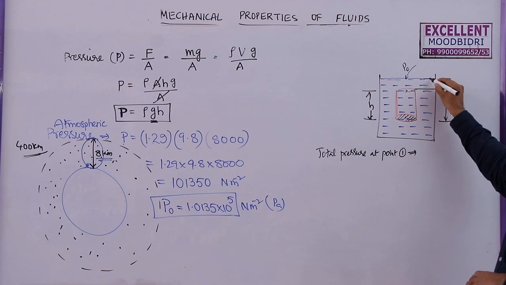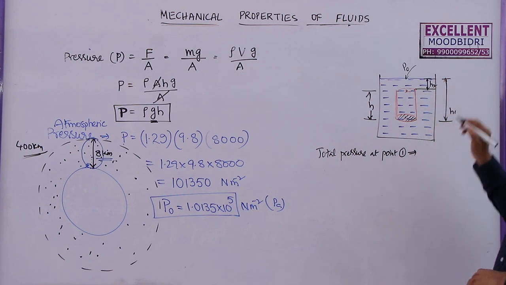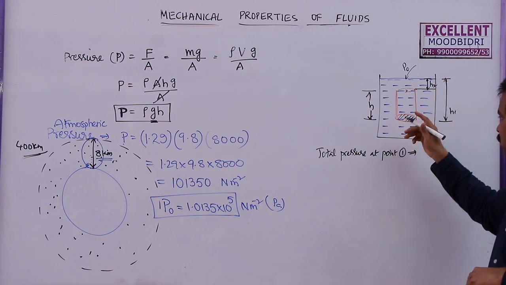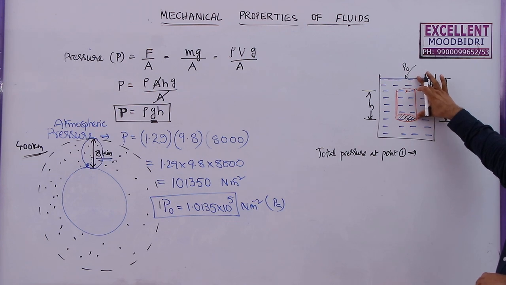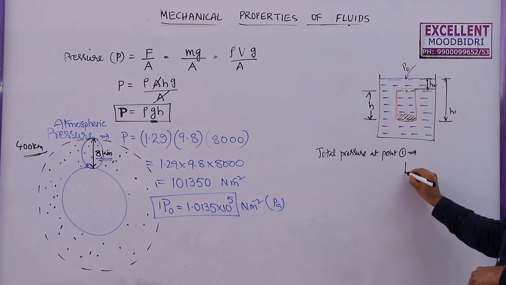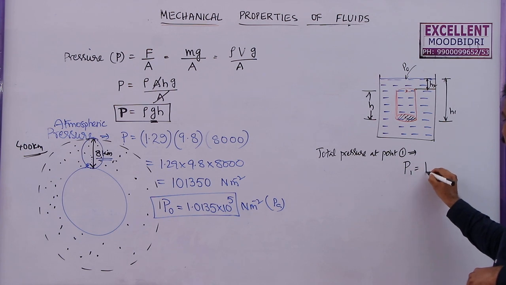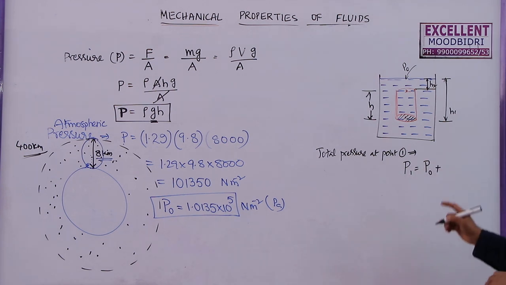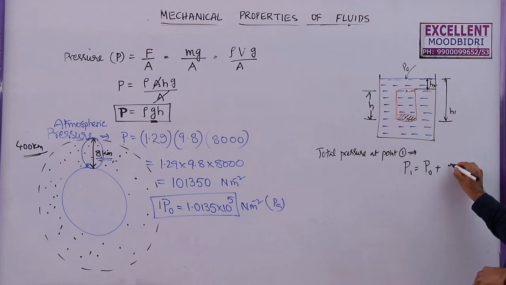From here to here, let us say this is H2. So what is the pressure at point 1? Pressure due to this height plus pressure due to atmosphere. So pressure at point 1 is given by pressure due to atmosphere, that is P naught, plus rho g into height, that is rho g H1.